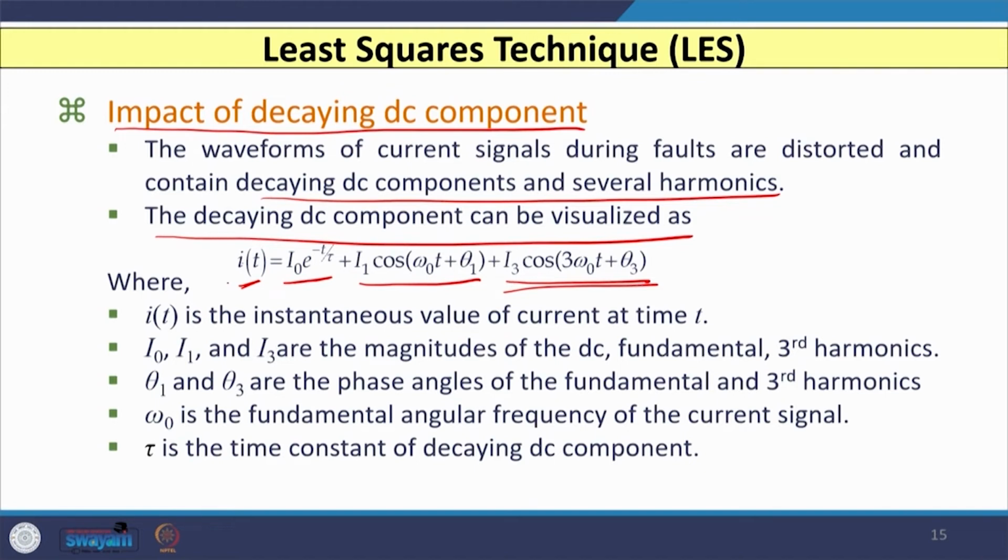So, I t is the instantaneous value of current which changes with reference to time. I 0, I 1 and I 3 are the magnitudes of DC, fundamental and third harmonics, and theta 1 and theta 3 are the phase angles of fundamental and third harmonics respectively. Omega 0 is the fundamental angular frequency of the current signal.